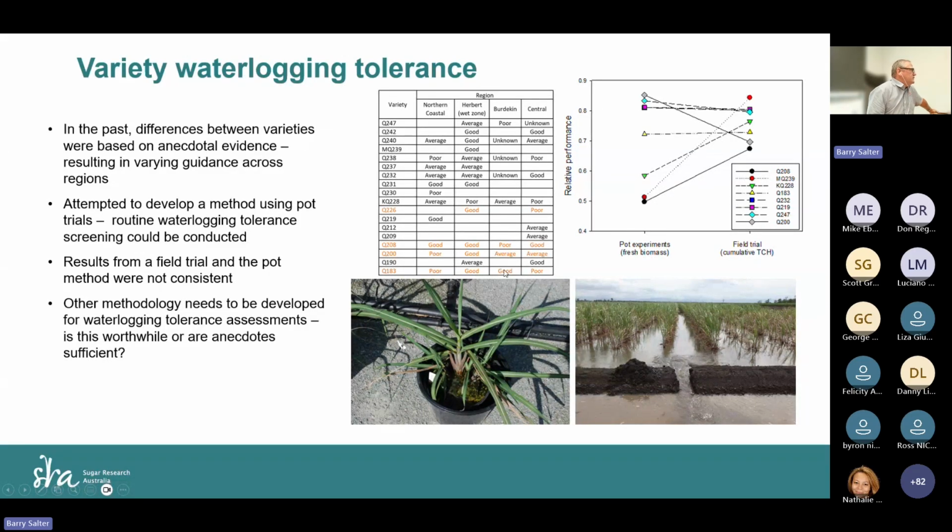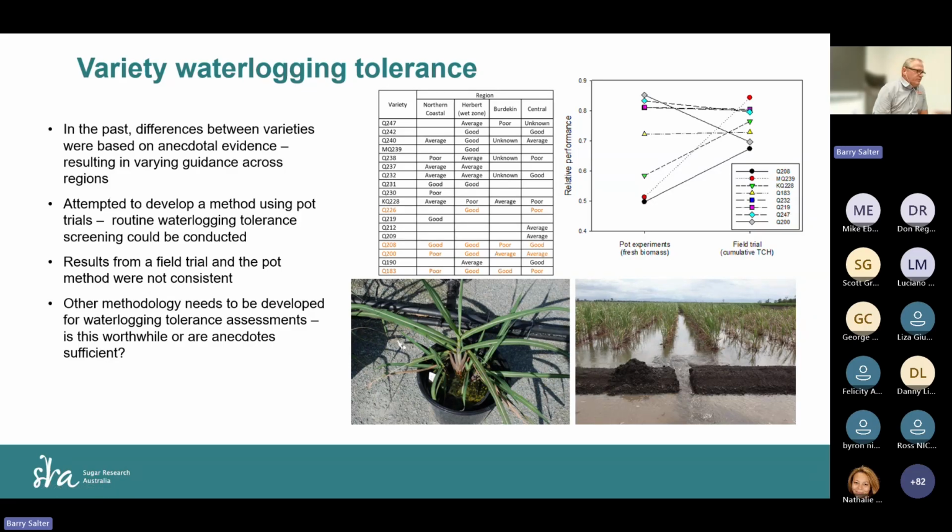And it was apparently good in the Burdekin, but it was poor again when it got in the central region. And that was the case for a number of varieties where the rating was actually different in different regions. And the reason behind that is probably because this information is coming from anecdotes from the region as opposed to coming from some actual data or a trial that tried to identify the waterlogging tolerance of the variety.